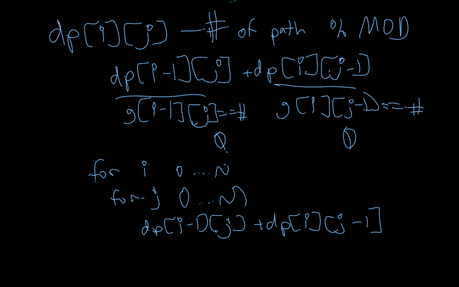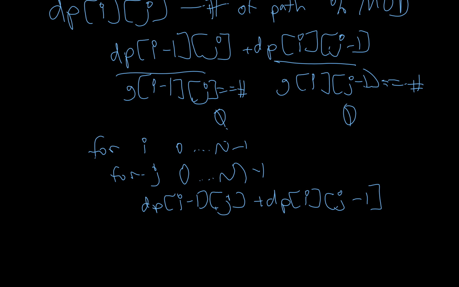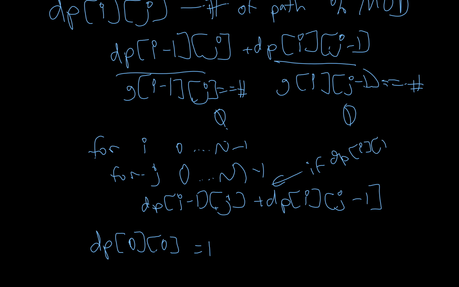Maybe it would be easier if you do it one-indexed, because then you don't have to deal with it being negative, and all you initialize is dp of 0, 0 to be 1. And of course, what you have to take care of is, if grid of i, j equals a pound sign, then dp of i, j is equal to 0. Simple as that. And there you go.